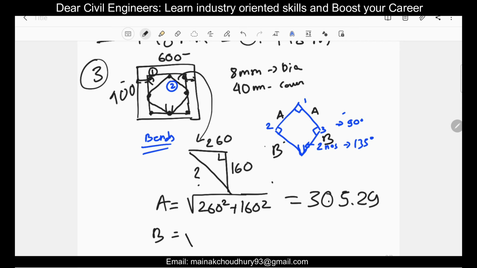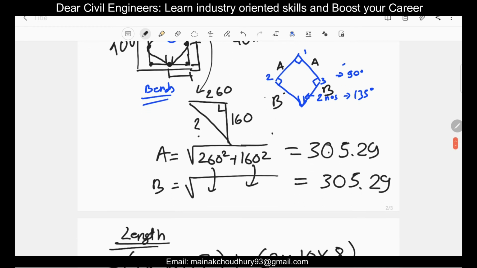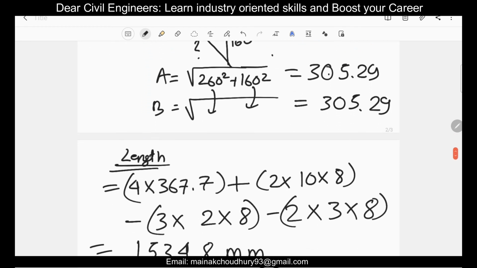And B will be your root over here. So for B will be this one and this one, so it will also be the same, that is root over 260 square plus 160 square equals to 305.29.